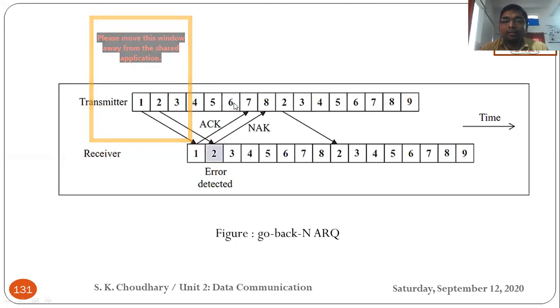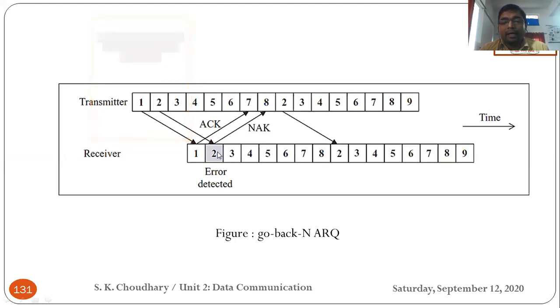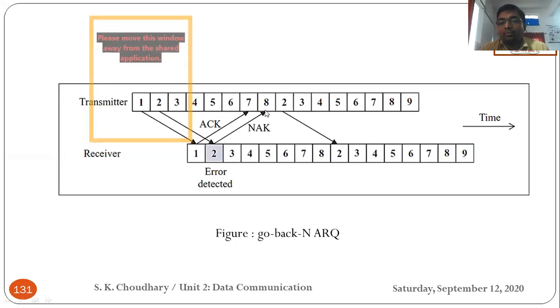Similarly, when the second data packet is received by the receiver, it finds some error, so it sends a negative acknowledgement to the transmitter end. And when the negative acknowledgement is sent to the transmitter end, then what happens?